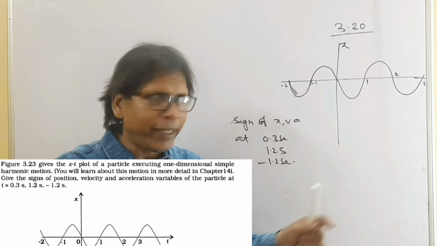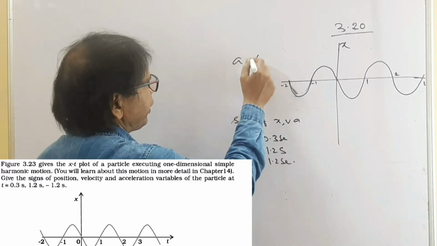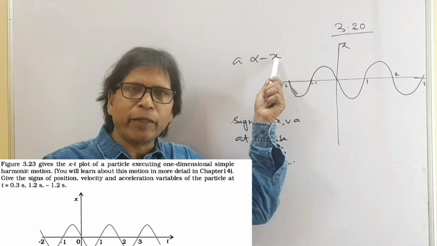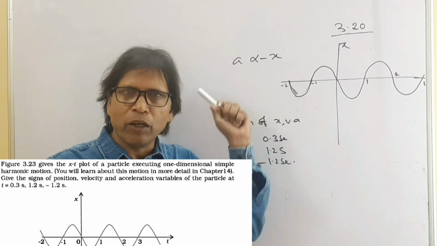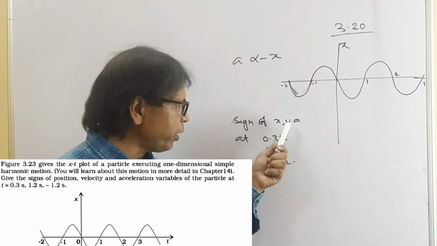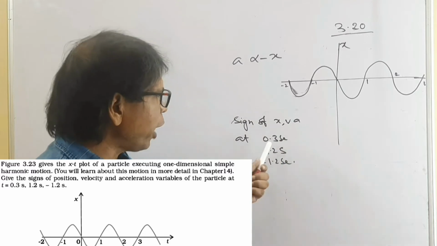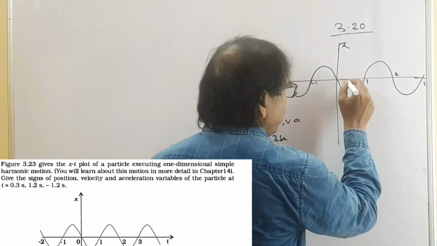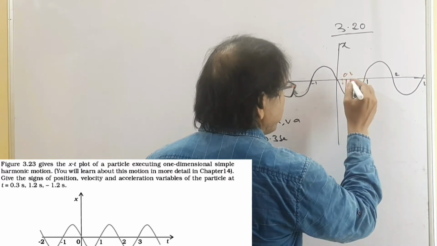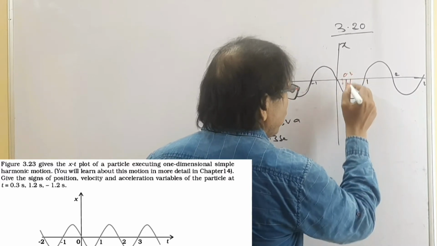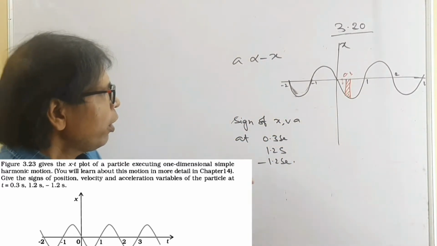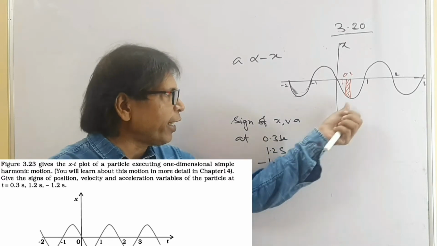We know in SHM acceleration is directly proportional to minus x. That is, if x is negative then acceleration is positive. Okay, now we have to calculate the sign of displacement, velocity and acceleration at time 0.3 second. Look at this, now this is the 0.3 second. Consider a very small time. Look at this portion, here position x is negative.